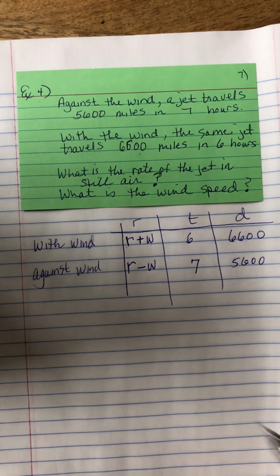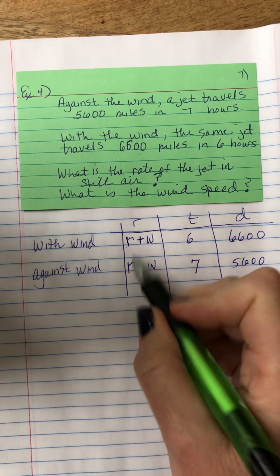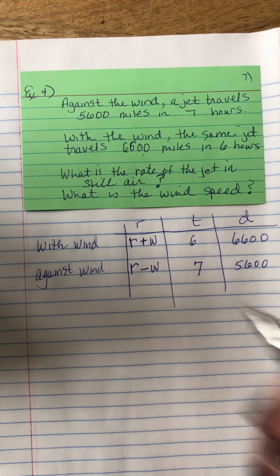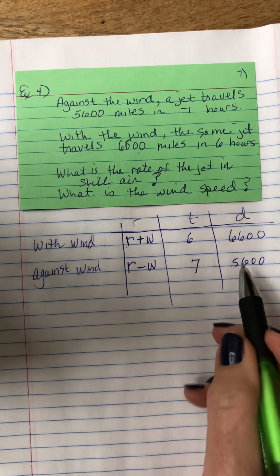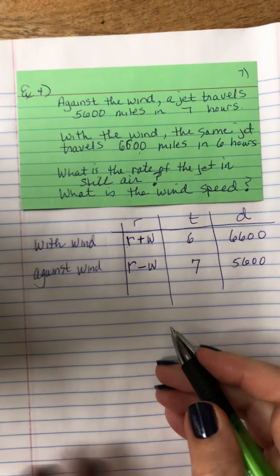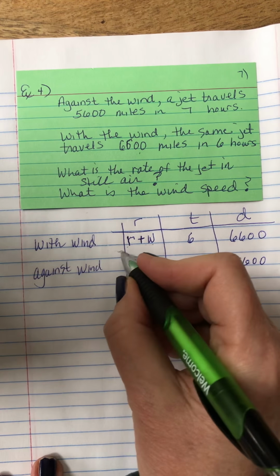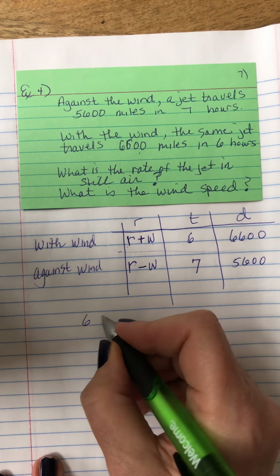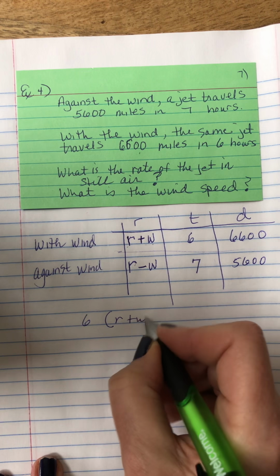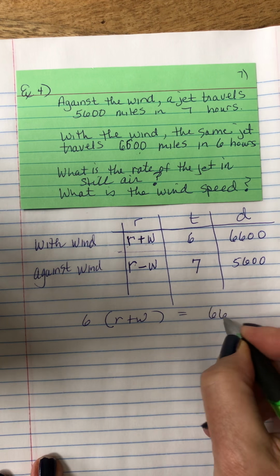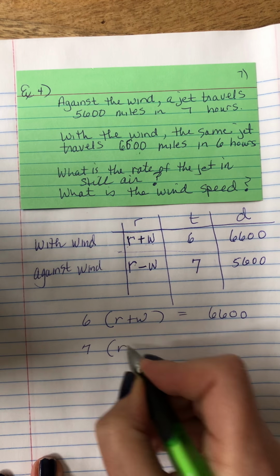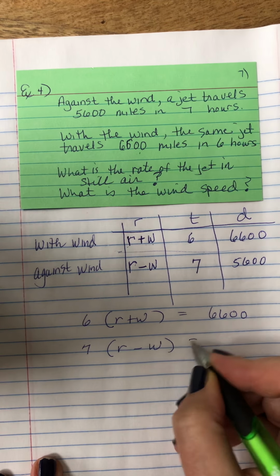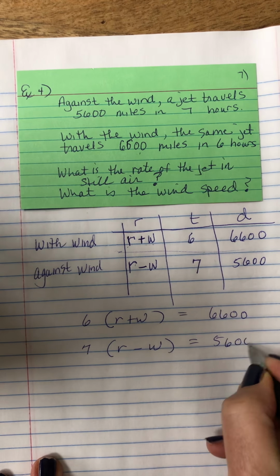So we want to know what is the rate that this airplane would have been traveling if it weren't windy, in still air, and what is the wind speed that will make this happen. So I have 2 equations. My first, 6 times the quantity R plus W equals 6,600. And my second, 7 times the quantity R minus W equals 5,600.